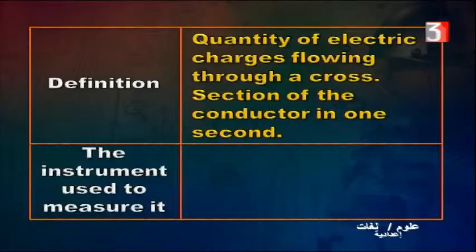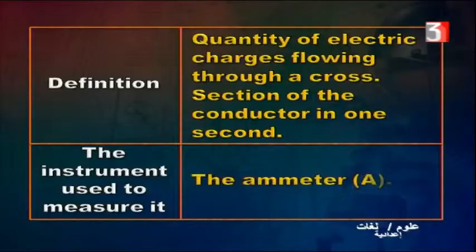Okay, what is the device that is used to measure the electric current intensity? We can measure electric current intensity by a device called an ammeter. So, an ammeter is the device that is used to measure electric current intensity.